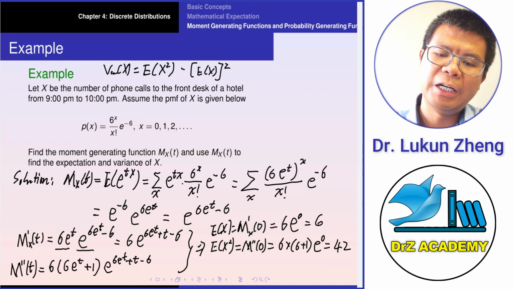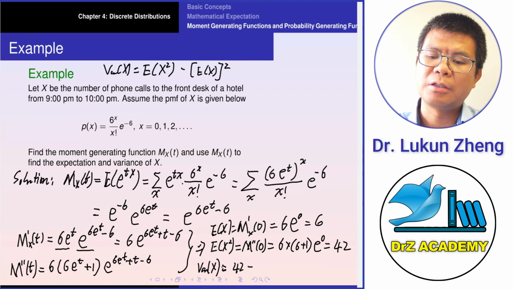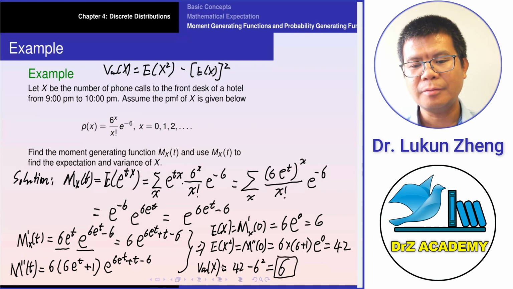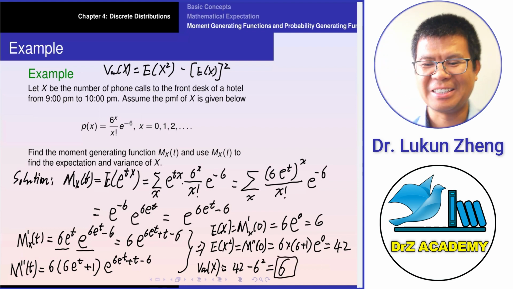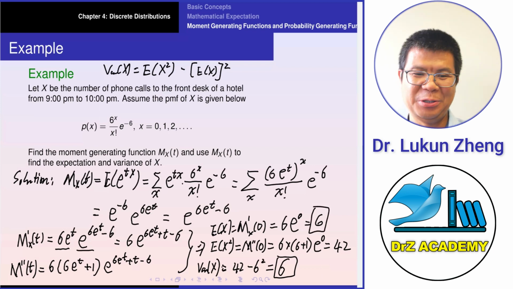Therefore the variance of x equals the expectation of x squared, 42, minus the square of the expectation, 42 minus 36, which is again 6. So we have the expectation is 6 and the variance is also 6.